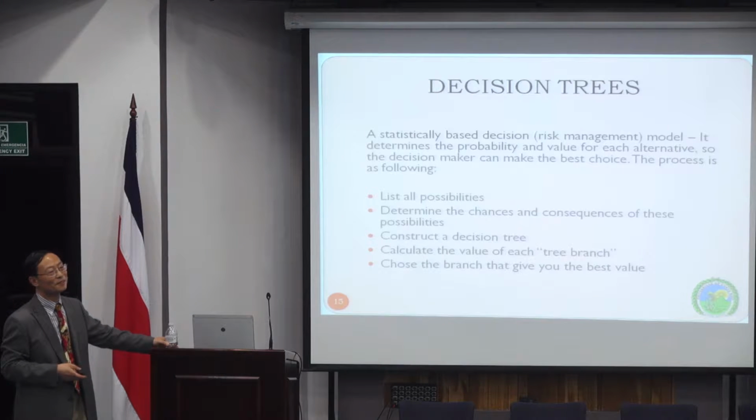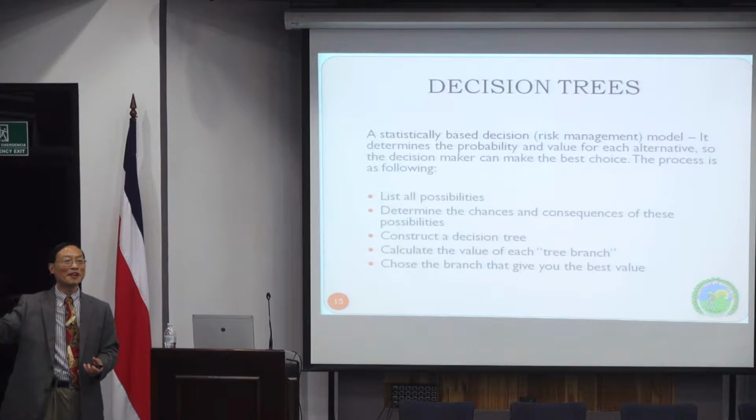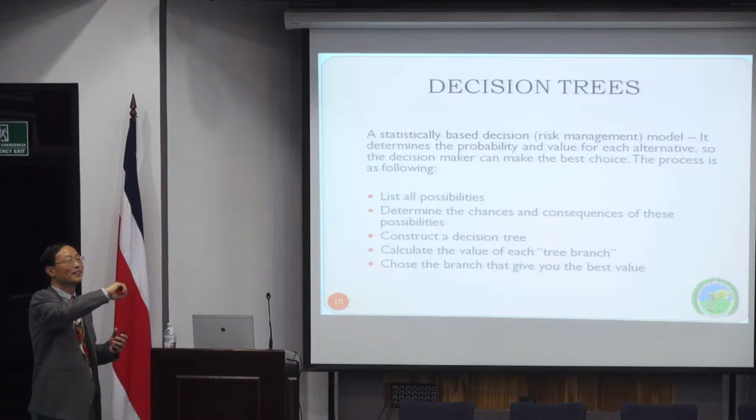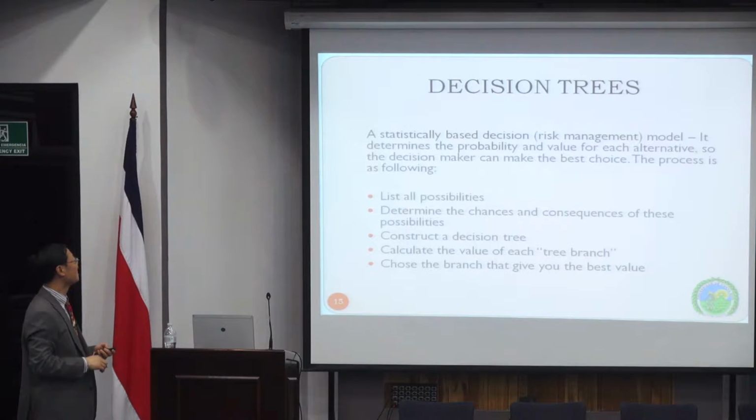Decision tree is like this: if you have multiple decisions and you don't really know which decision you should make, you can just build tree branches. Like I have decision 1, I put data into the decision tree, branch 1, branch 2, branch 3. I just calculate each of these values and see which value gives me the best.